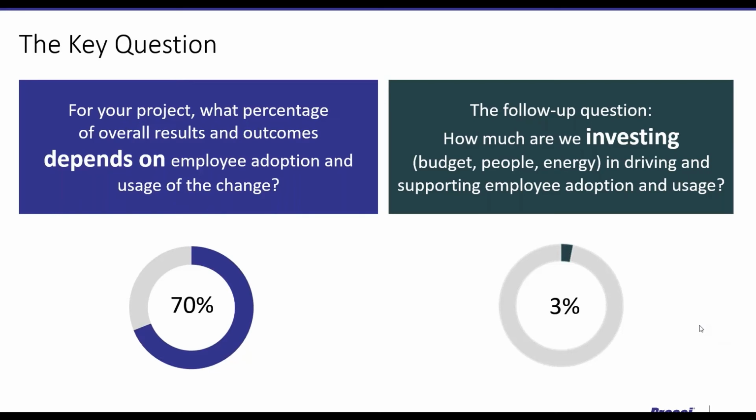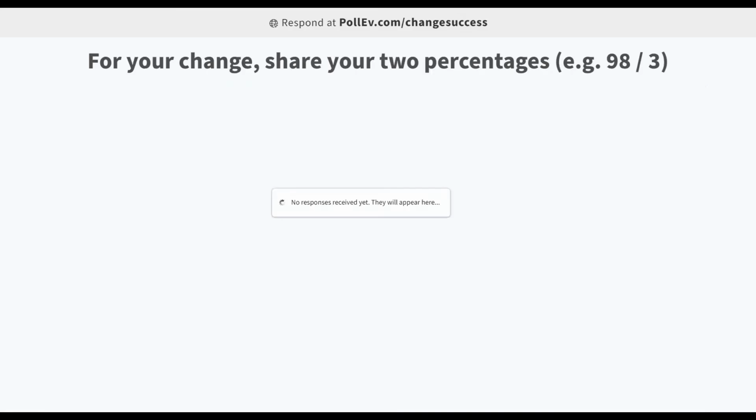We also want you to answer the follow-up question, which is, how much are we investing? Is your organization investing in terms of budget, people, energy in driving and supporting employee adoption and usage, as a percentage? And so we've got another poll for you. We'd like you to share those 2 percentages.